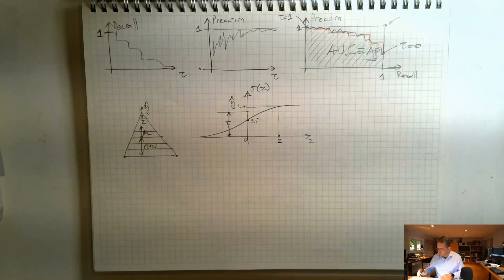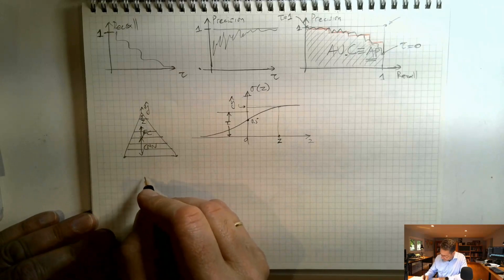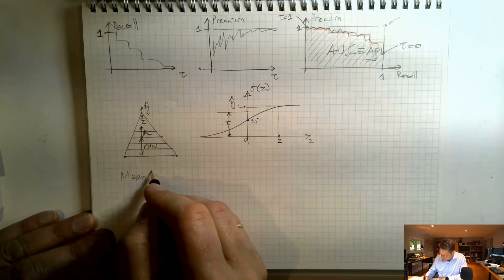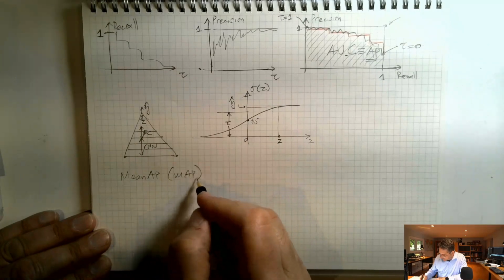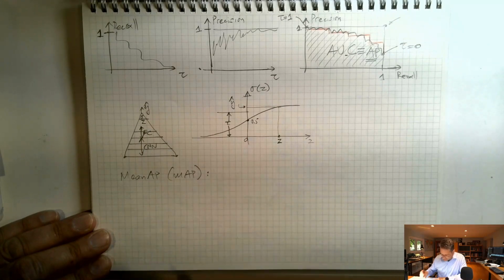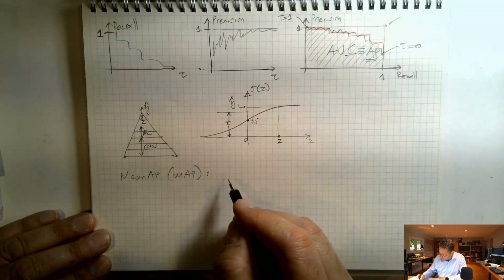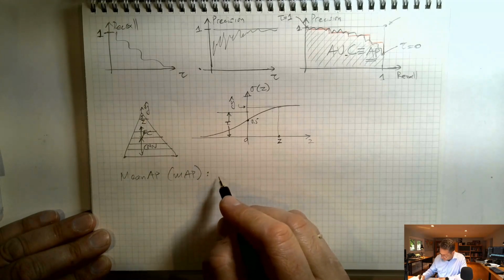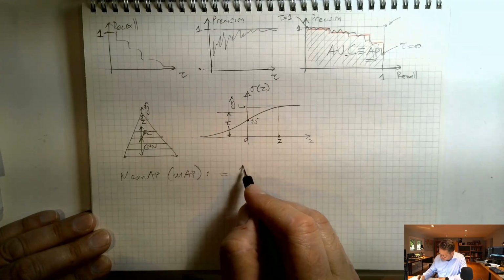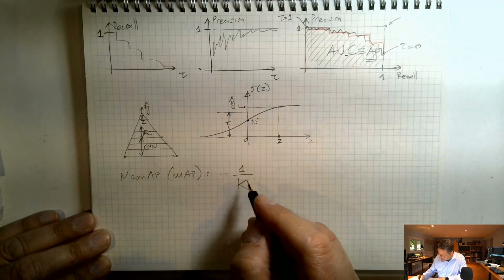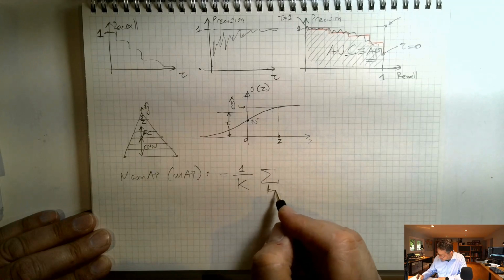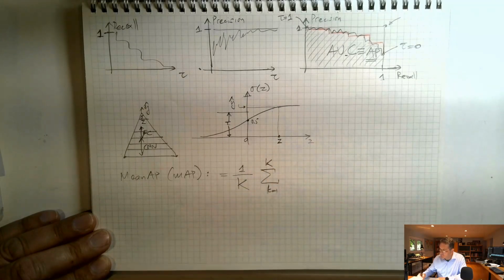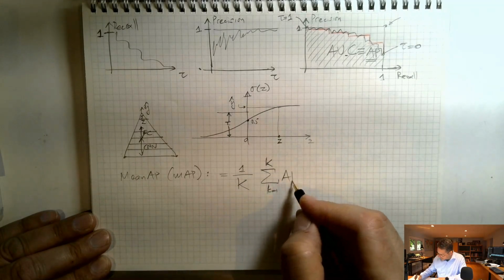Now that we've seen the average precision, I think it's worthwhile quoting the so-called mean average precision, also denoted as MAP. MAP is equal to 1 over capital K, the number of classes, times the summation from small k equal to 1 to capital K of the average precision k.